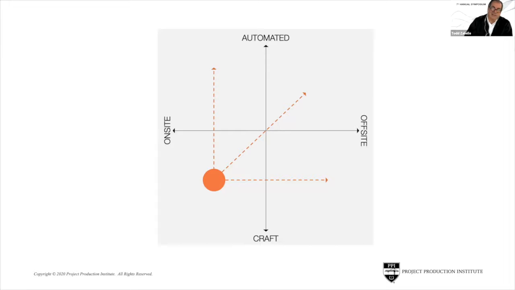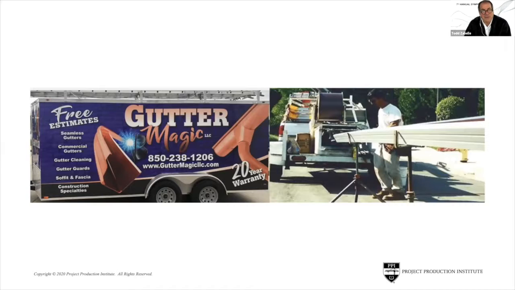And I like to talk about the gutter king, and the gutter king to me is interesting. Think about what the gutter king's doing. In this particular instance it's Gutter Magic, LLC, if you will. Gutter Magic can pull up at your house, measure how much gutter you need for your roof, and hand you an estimate or a quotation. You can approve it, and the gutter king can knock that thing out in a few hours, drive away, and go down the road.